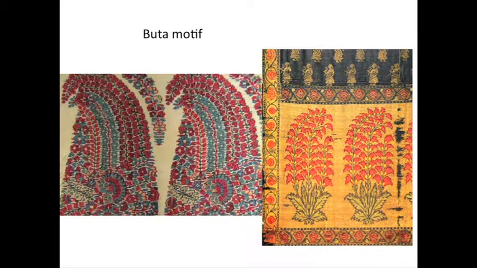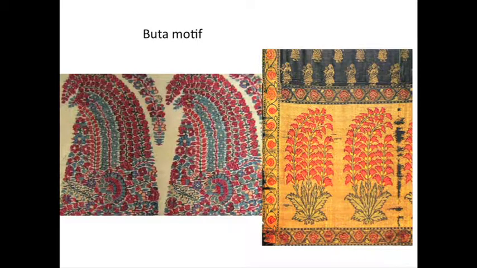On the left is an example of a 16th century Indian Mughal cashmere shawl fragment, and on the right is another textile fragment from the Calico Museum in Ahmedabad, both characteristic of the Buta motif in that it's floral. There's usually flowers and vegetative material in the image.